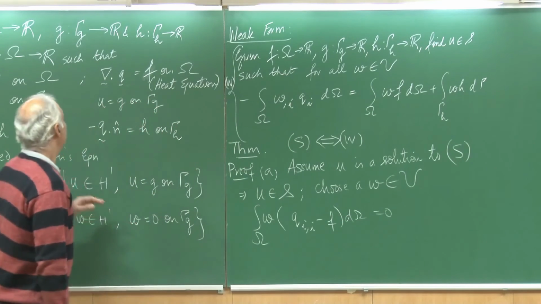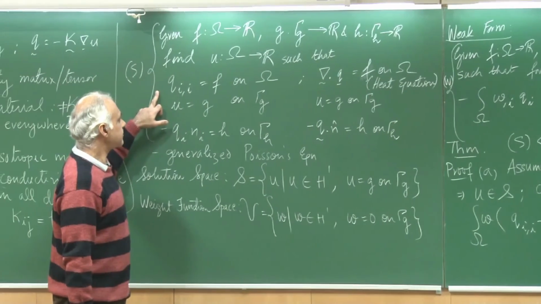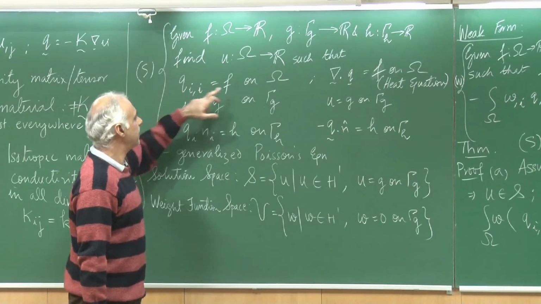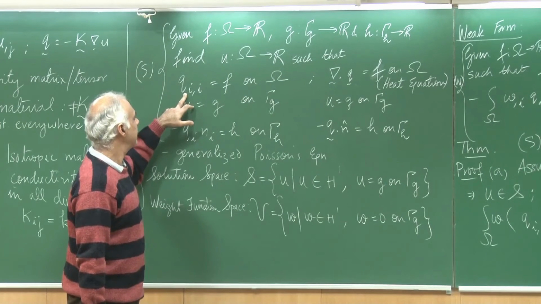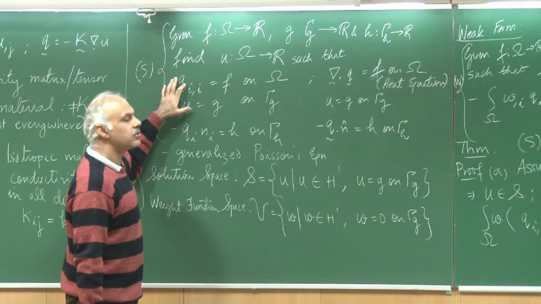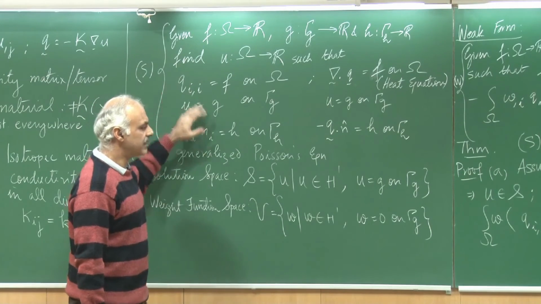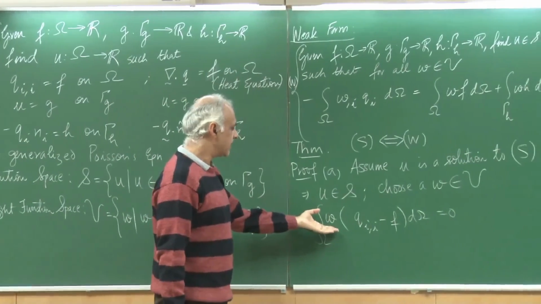Okay. Because we satisfy the strong form, this equation is satisfied strongly at every point in the domain. So I simply take this equation, multiply it with a w which comes from the variation space, and the integral of that is 0. The rest is mechanical.